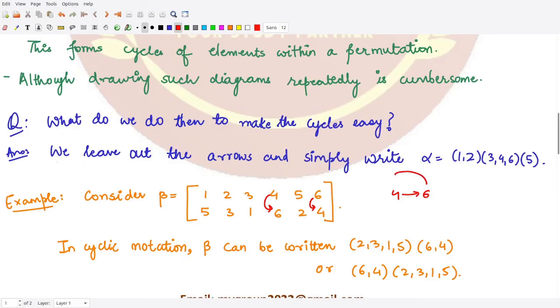So 6 going to 4 completes the cycle, and we have 6 and 4 as the cycle. You can also write this cycle first and then the other cycle, because they are independent of each other. So we have these two cycles, and this is the notation.